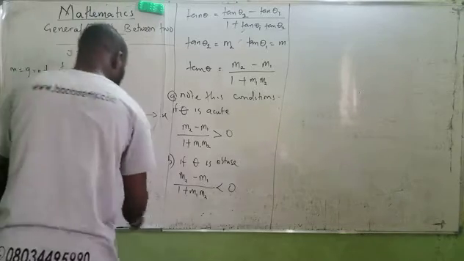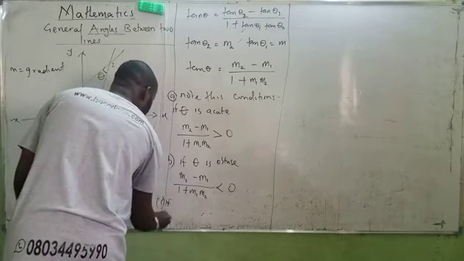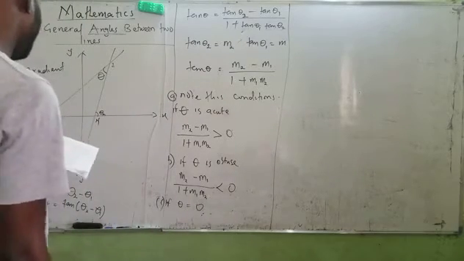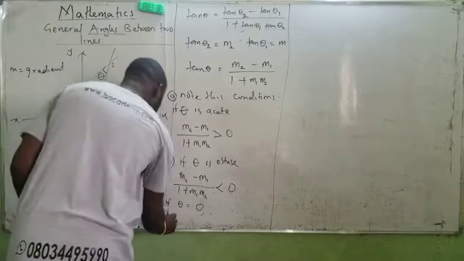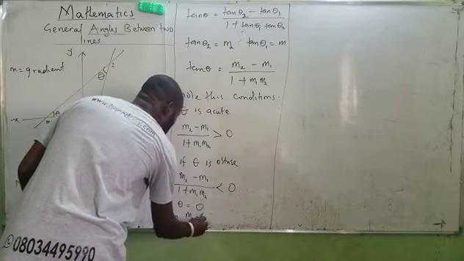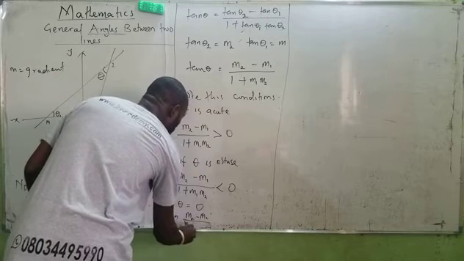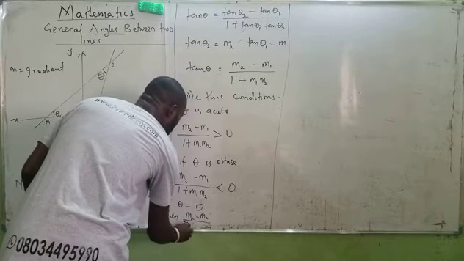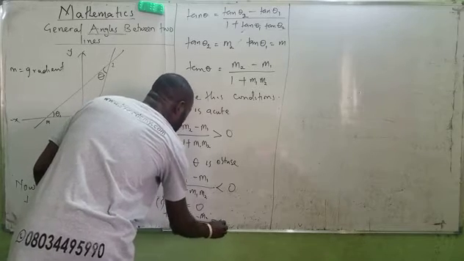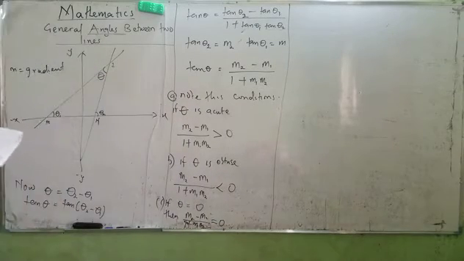Now, the next one is C. If theta equals 0, it means my (M1 minus M2) divided by (1 plus M1 M2) will be equal to 0. That is what we are talking about.